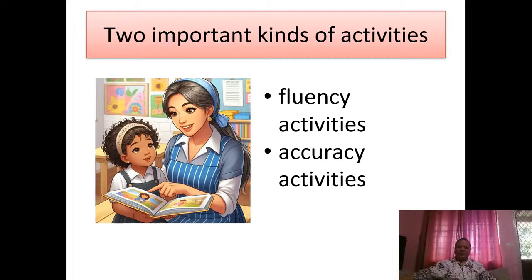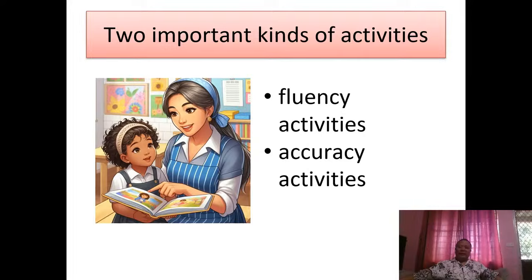There are two important kinds of activities in communicative language teaching. These are fluency activities and accuracy activities. Class, in the past, CLT only involved fluency activities, but as time went on, the proponents realized they also need to have accuracy activities. You cannot totally get rid of behaviorism and audiolingualism.